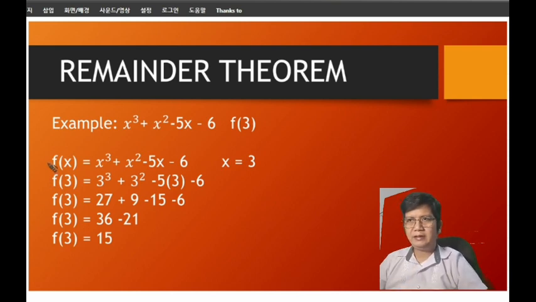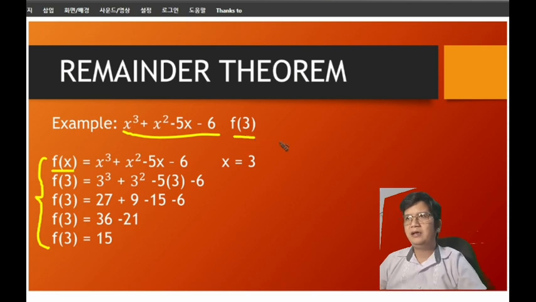So pansinin natin that I used here the variable f to signify f of x, or sometimes na ang basa dyan ay function of x. Ang given natin dito ay x cubed plus x squared minus 5x minus 6. And then f of 3 ang ating isosolve.